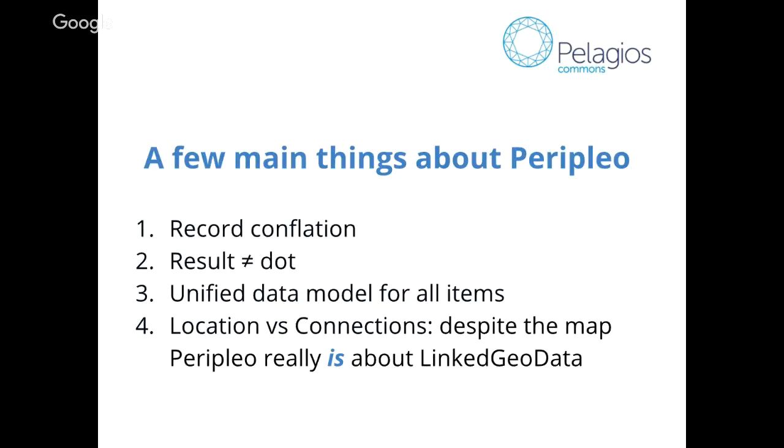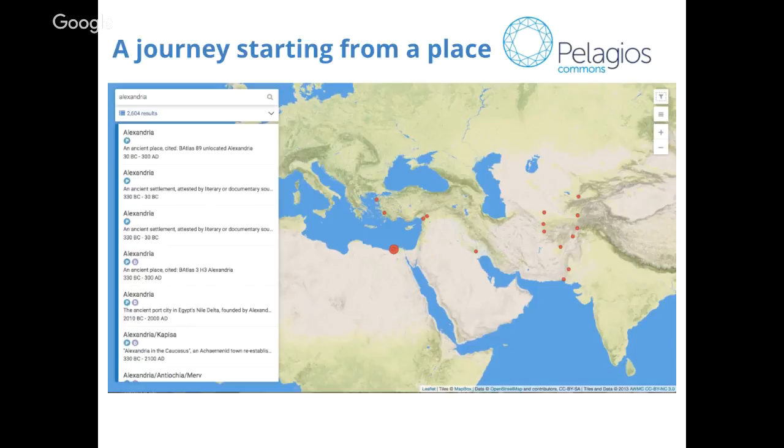And that is despite being, somehow misleadingly, a map-based visualization. I say misleadingly, but actually the map visualization is great and it's very useful, but it does suggest a prominence of place that is not true anymore in the data structure that we are pursuing. But now, enough talking about abstract things. Let's have a short trip through Peripleo.